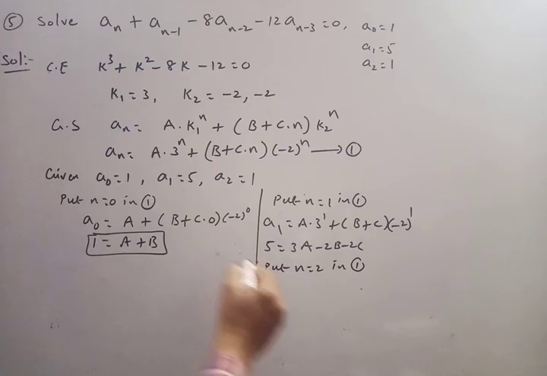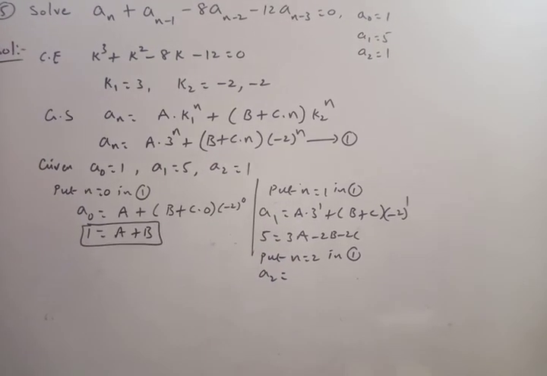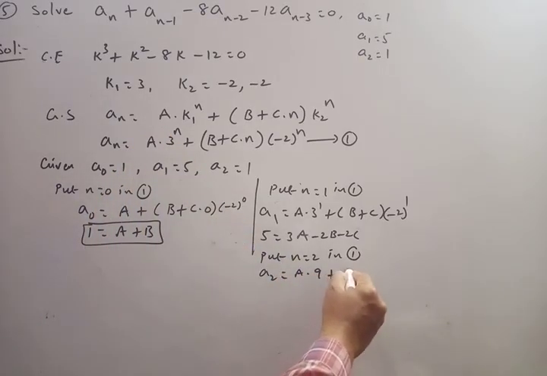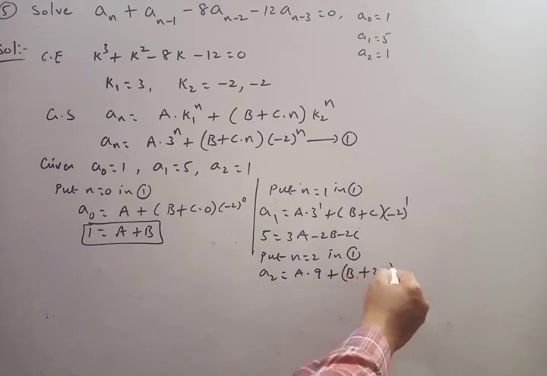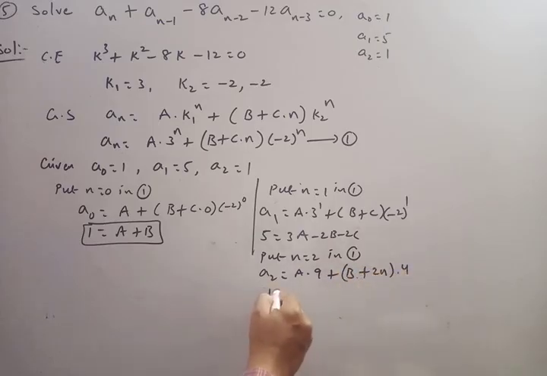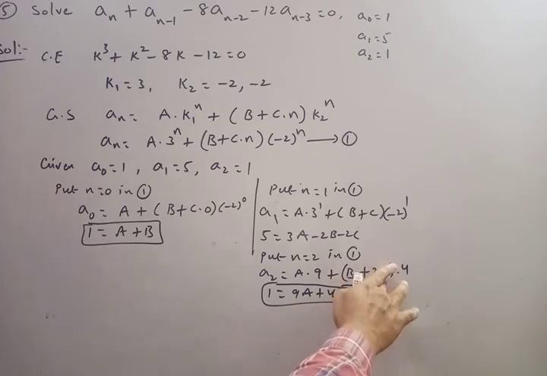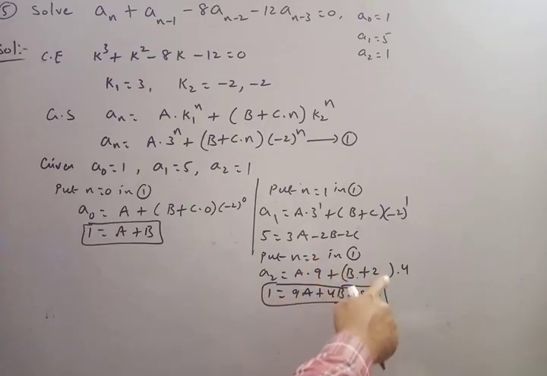If I substitute, a2 is coming. a2 is equal to a into 3 square is 9, b plus cn, 2n, minus 2 square is how much? 4. a2 is how much? 1 is equal to 9a plus 4b plus 8c. Sorry, n is equal to 2, so 2c, so it is 8c.